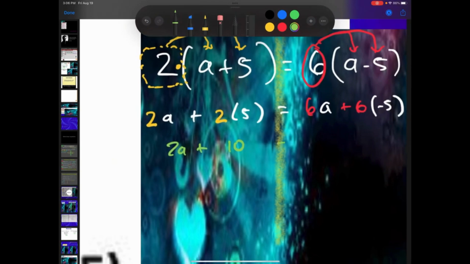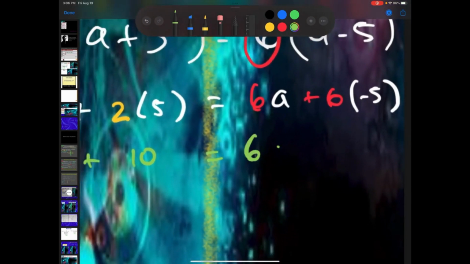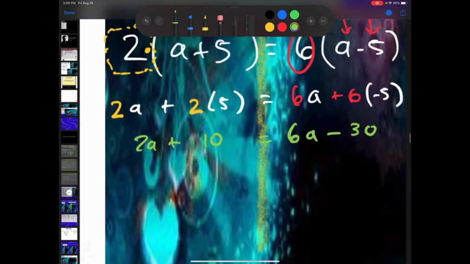Let's come over here. Class, tell me what to write over here. Negative 30. Good. I chose not to do the parentheses because it's by itself now. All right. Now let's choose your own adventure. It's not wrong.